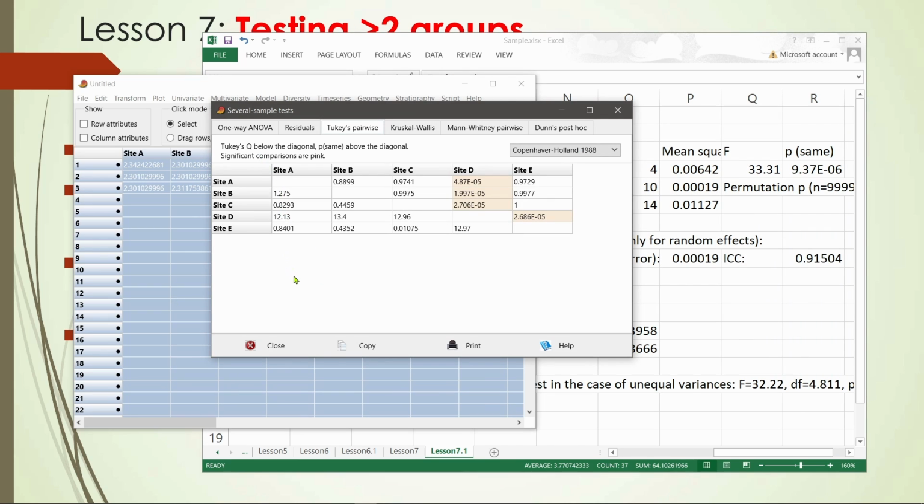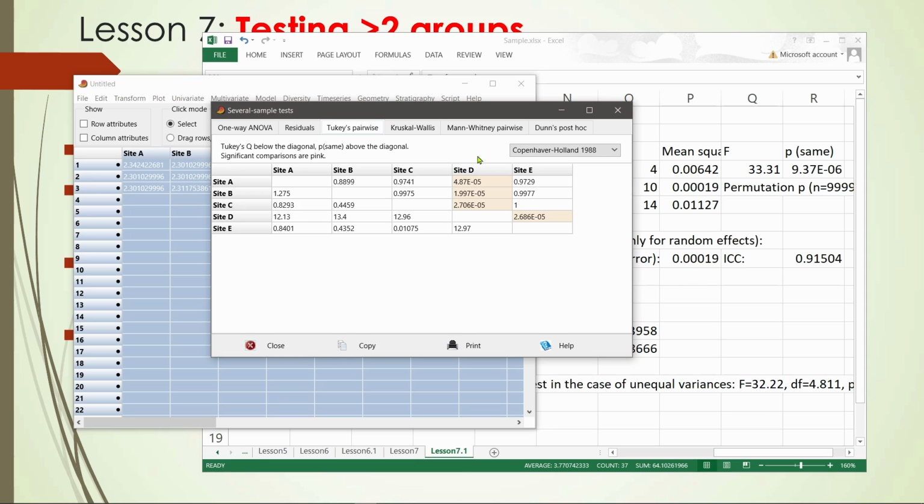So the advantage of PAST is you can immediately see the Tukey's pairwise results. The values that are below here are the Tukey's Q value, whereas the values above here, diagonal values here, are the probability values, and they have highlighted the ones that are significant.